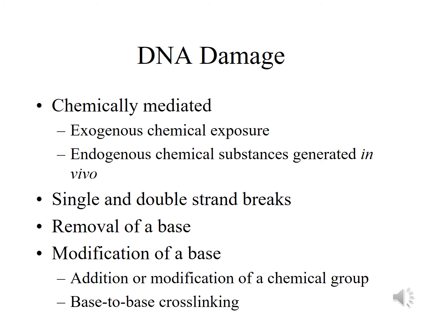Sometimes base modification involves the formation of covalent bonds between bases, and that's known as cross-linking. That can happen due to exposure to radiation, such as UV radiation from sunlight. Chemically modified bases may block DNA or RNA polymerases and cause base mispairing if not repaired, and thus they induce mutations.